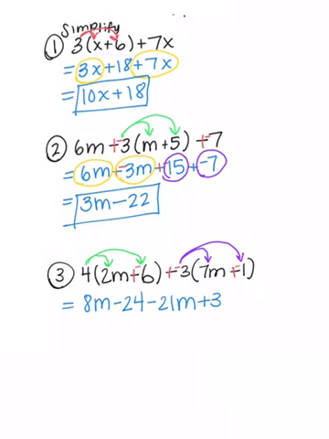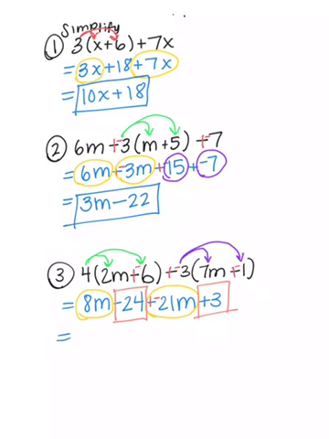8m would be a like term with negative 21m. And then negative 24 would be a like term with positive 3. So as I combine these, 8 minus 21, which remember that's the same as plus a negative.